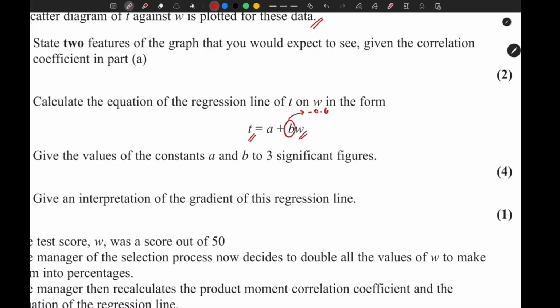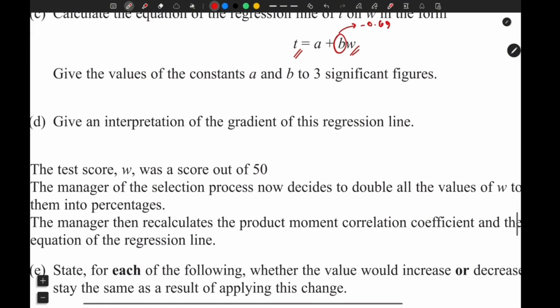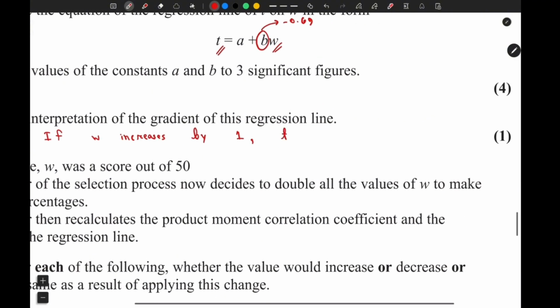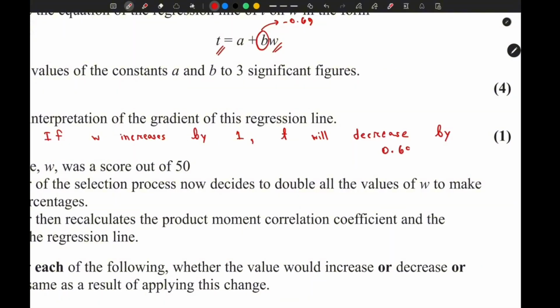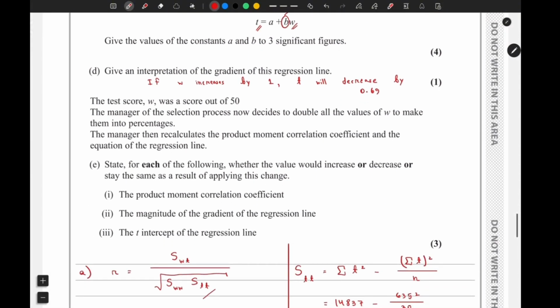So the interpretation is: if w increases by 1, t will decrease by 0.69. That is the interpretation of the gradient.